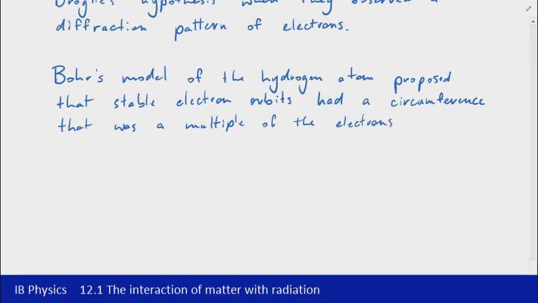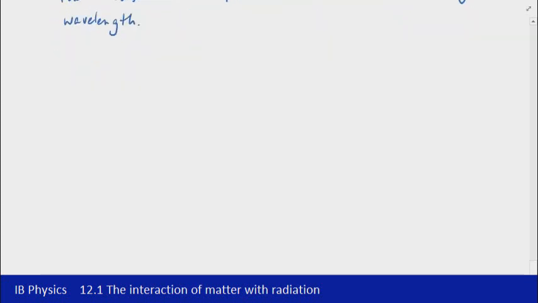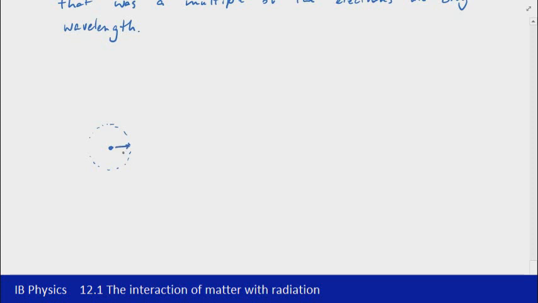So we can again look at a little bit of maths behind this, and if we look at a diagram to begin with, say this is the nucleus. If we have the first orbit around here, that's going to have a certain radius, we'll call that R1, and the total distance around, or the circumference, would be lambda 1.